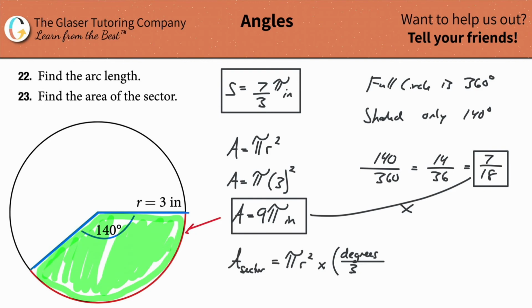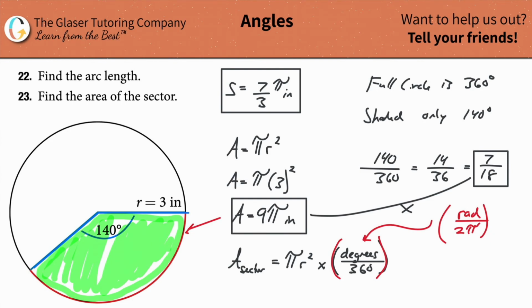You can use that if you have degrees. The other alternative form would be, if you had radians instead, you wouldn't plug in degrees. Inside of this parenthesis you would plug in your radian measure, meaning what this measured in radians, and then divide that by 2 pi. So either way, it'll work. But just don't do both.